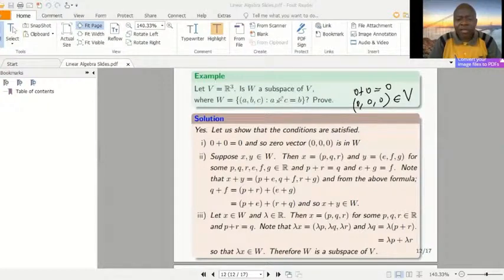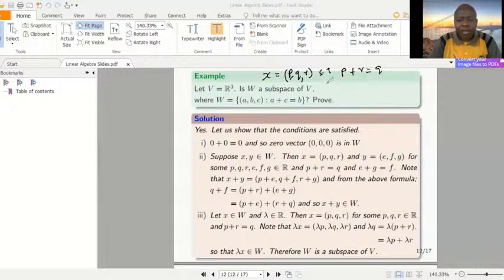So let's pick vector X, which is P, Q, R, such that the sum of the first element plus the third element gives me the second element.